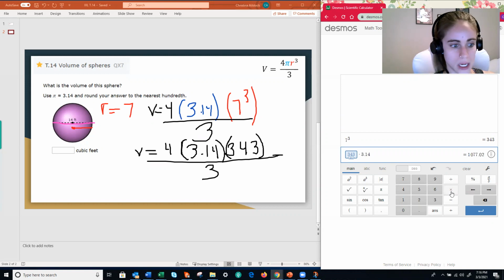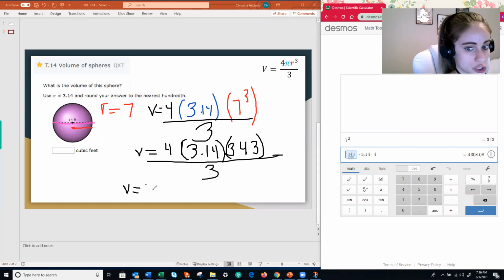So times pi times 4. And your numbers are going to grow pretty quickly because we're cubing things, we're multiplying by 4. So your answers for the volume of a sphere will be a lot larger, that's for sure. 4,308 and 8 hundredths, all divided by 3.